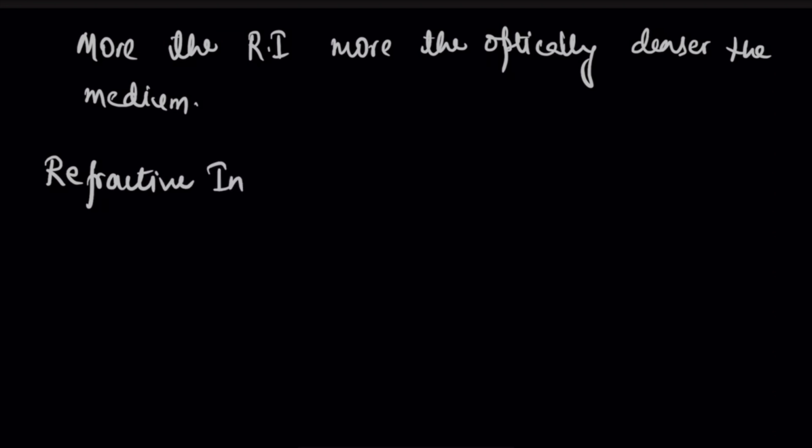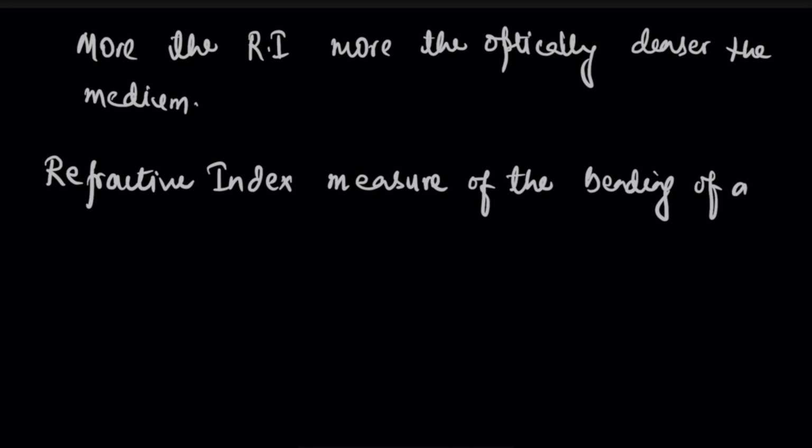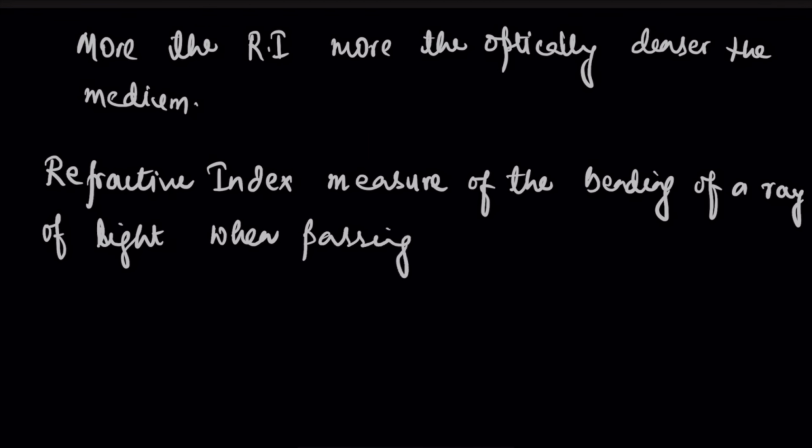So if we need to define refractive index, we can say that refractive index is a measure of the bending of a ray of light when passing from one medium to another.